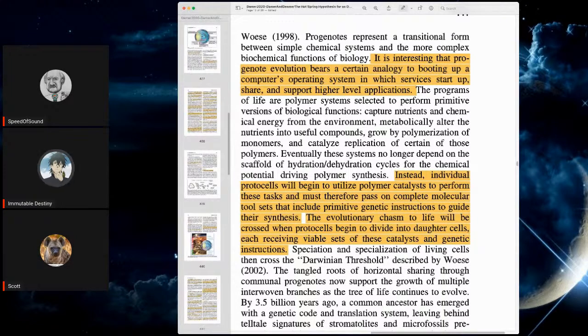Individual protocells will begin to utilize polymer catalysis to perform these tasks and must therefore pass on complete molecular tool sets that include primitive genetic instructions to guide their synthesis. The evolutionary chasm to life will be crossed when protocells begin to divide into daughter cells, each receiving viable sets of these catalysts and genetic instructions.